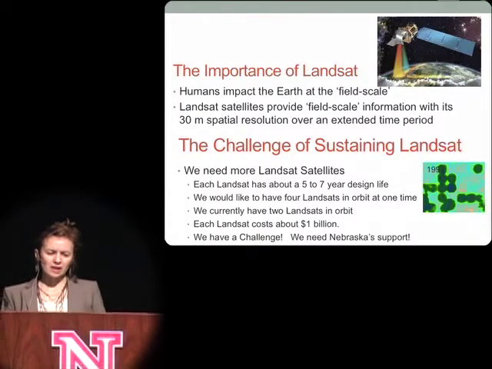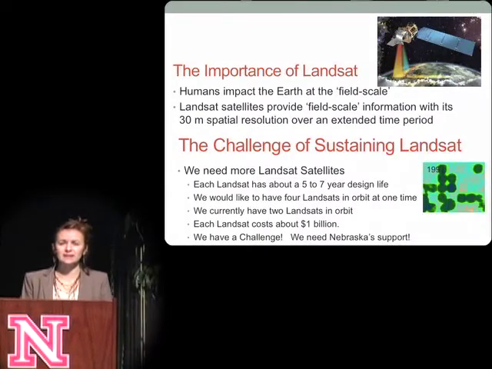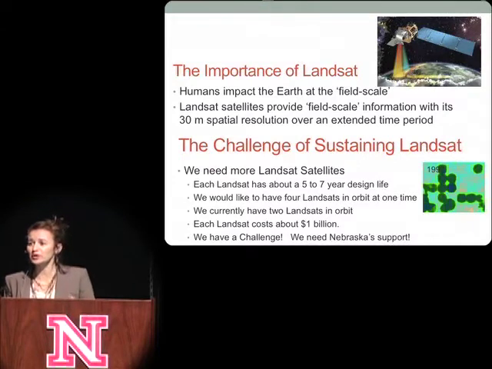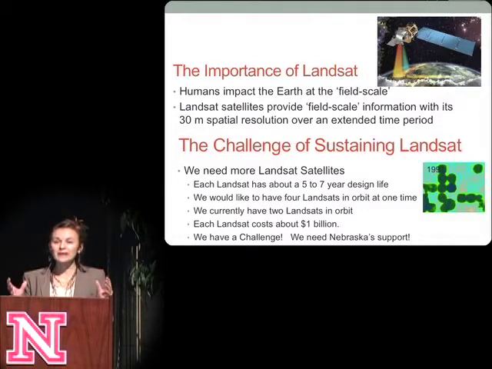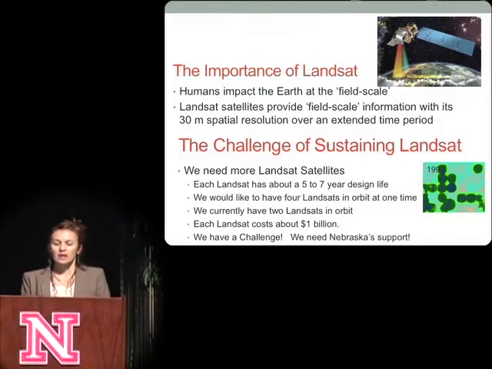Well, why Landsat? As natural resources scientists, we need to look at the human impact. What's the impact of human activity at the field scale?